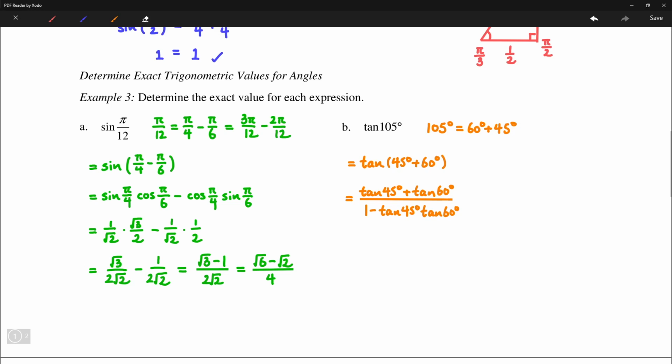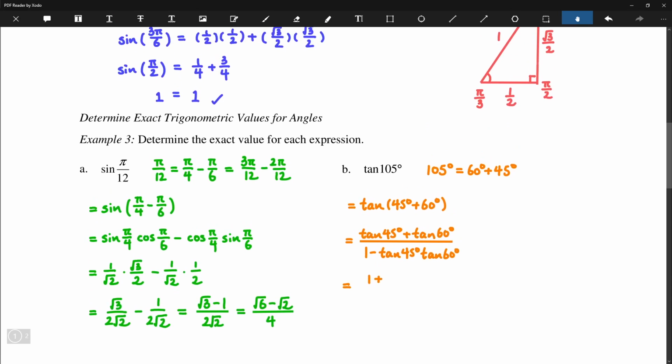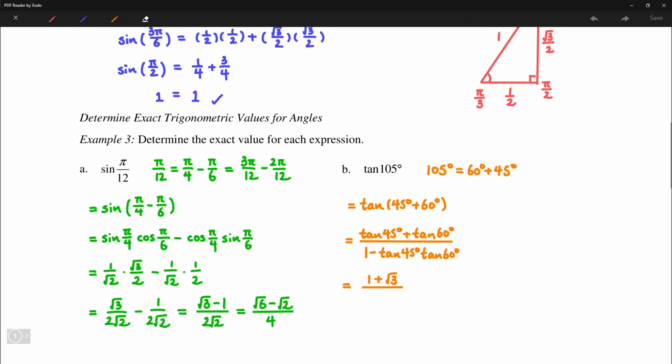So of course the good news here is that tangent of 45 degrees is just 1. So we have in the numerator 1 plus tangent of 60 degrees, using our special triangle from above, is going to be the square root of 3. And the denominator will be 1 minus 1 times root 3, so just root 3.